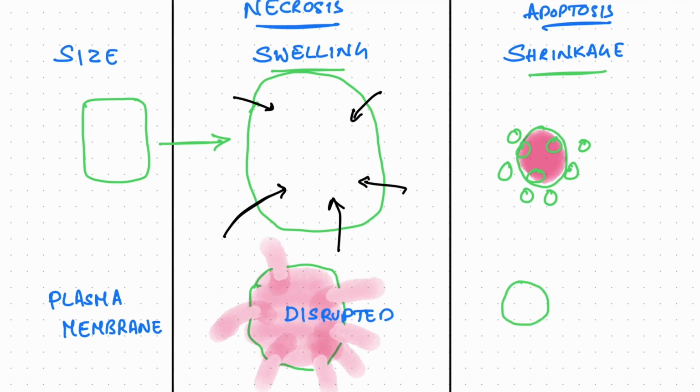In apoptosis, the plasma membrane remains intact, but the membrane undergoes changes and the cell eventually breaks up into membrane-bound apoptotic bodies. So, even though the cell is dead, its contents remain packaged inside membranes.